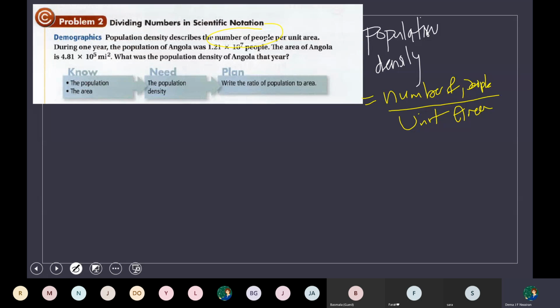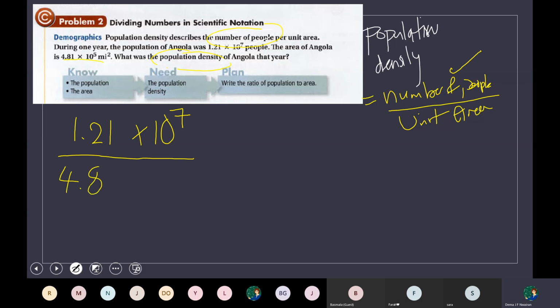So if he asks me now to find the population density of Angola, you have to find the number of people. Is the number of people written? Yes. So the number of people, which is 1.21 times 10 to the power 7, over the area, which is 4.81 times 10 to the power 5.